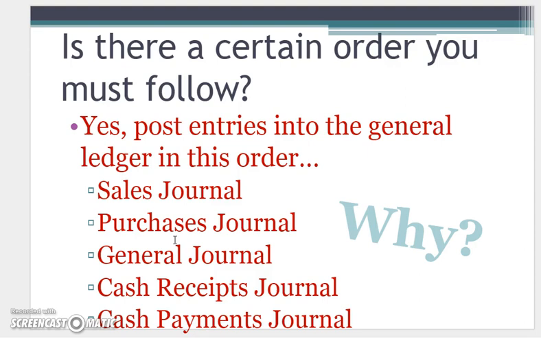That doesn't seem like it would be a huge deal, but accountants take this stuff pretty seriously, and they want to make sure that the accounts stay in the normal balance. So if you do the sales journal first, then purchases, then general journal, then cash receipts, then cash payments, if you do them in this order, your accounts will remain in their normal balances.